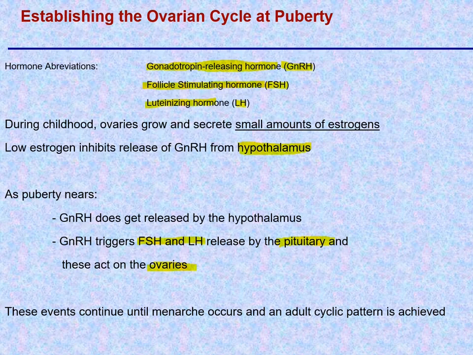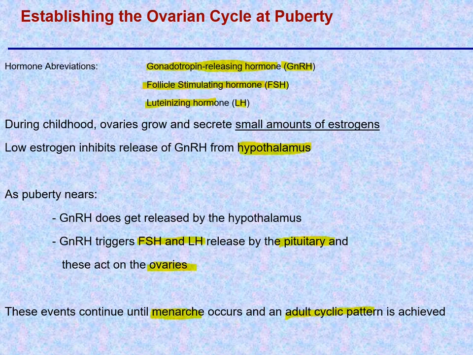And this kind of thing develops until the first actual ovulation will occur and an adult cycle gets achieved. So these are the events leading up to puberty.